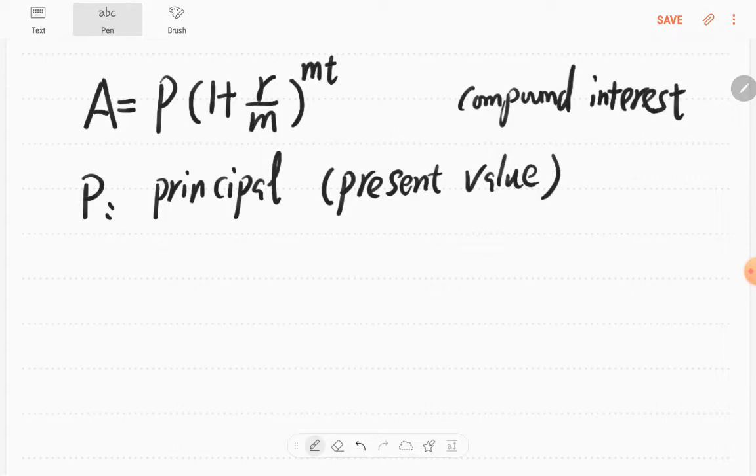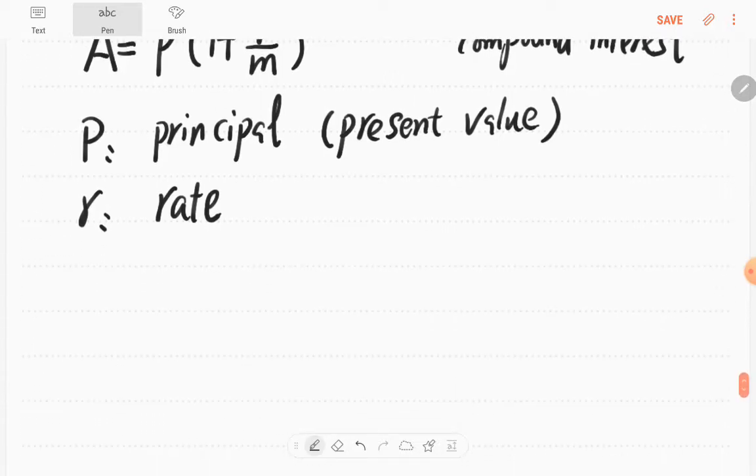So we will invest this amount of money. And R is the rate, the interest rate. In general, it would be a percentage, but we need to use the decimal form, okay? R is the rate.